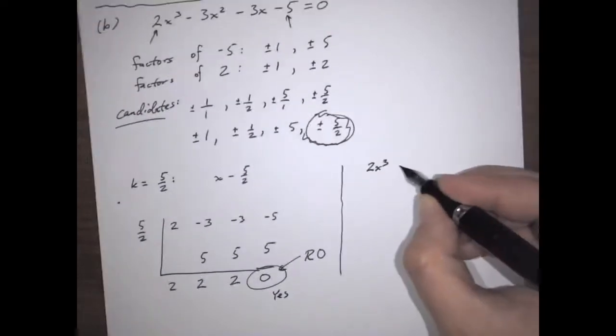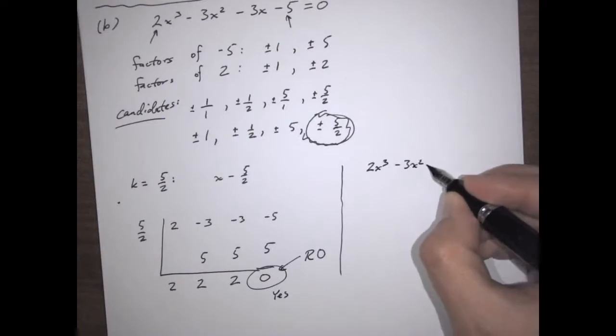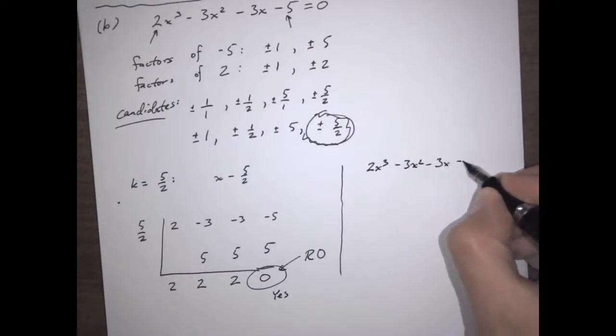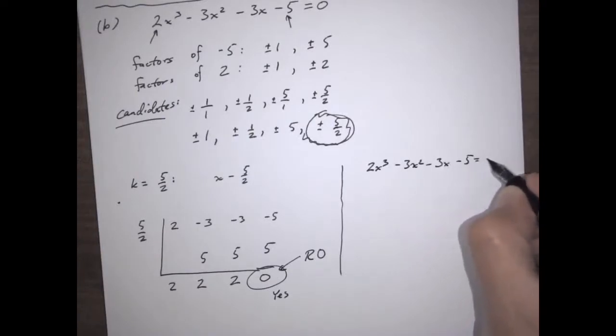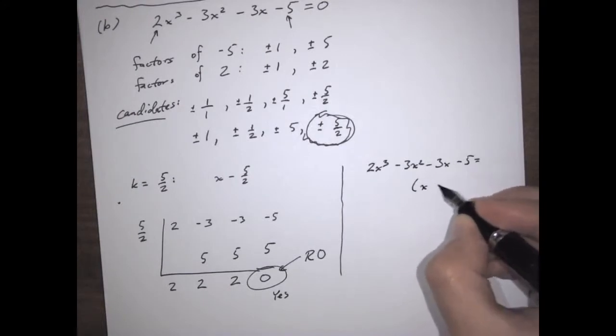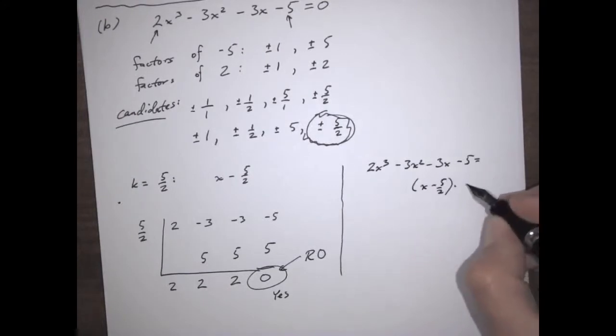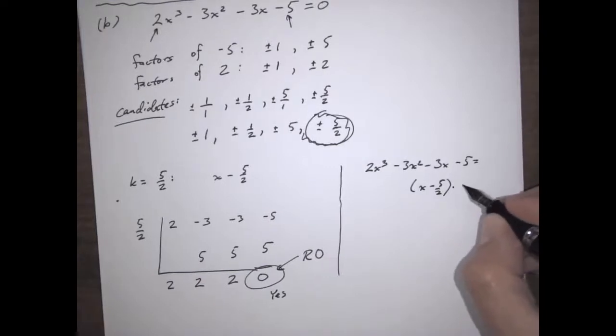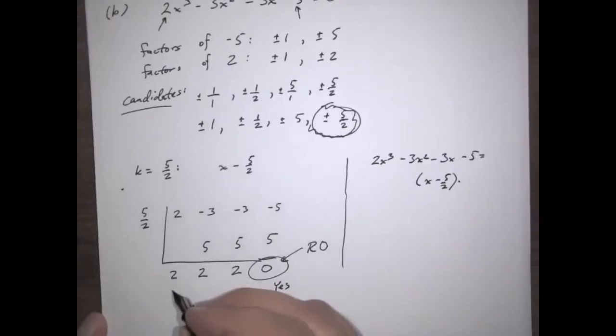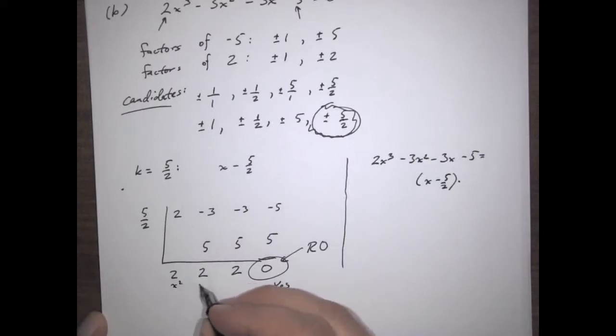So 2x cubed minus 3x squared minus 3x minus 5 is the same thing as x minus 5 over 2 times, and that's going to be right here, x squared. This is going to be the x, this is going to be the constant.